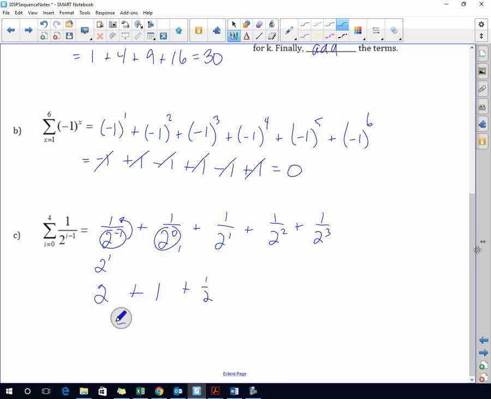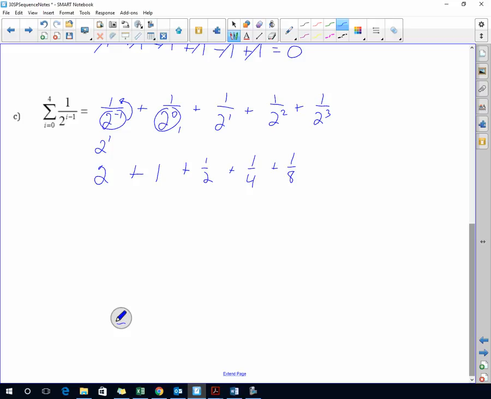So how should we do this? I would put this together and get a common denominator of 8. So that's 4 over 8 plus 2 over 8 plus 1 over 8, which gives me 7 over 8.